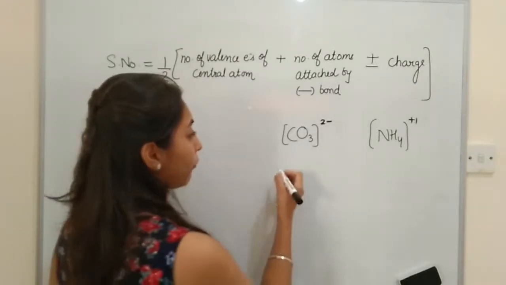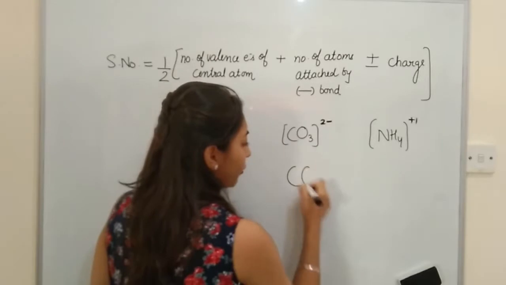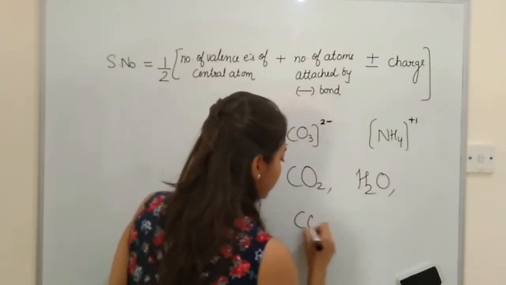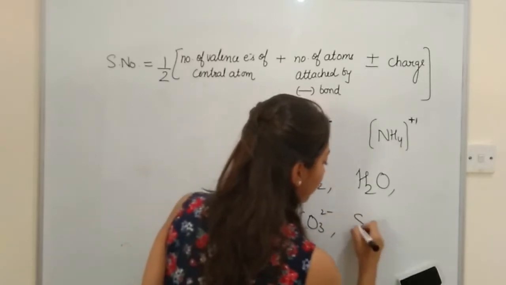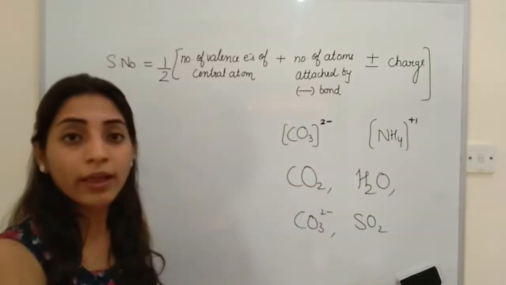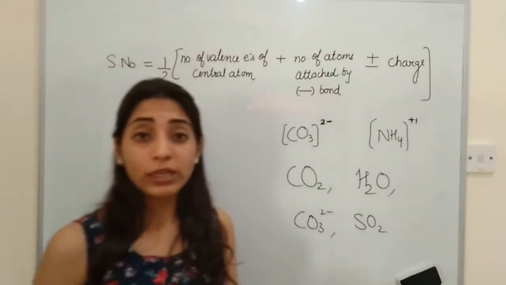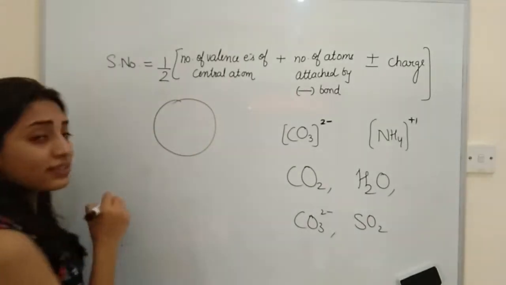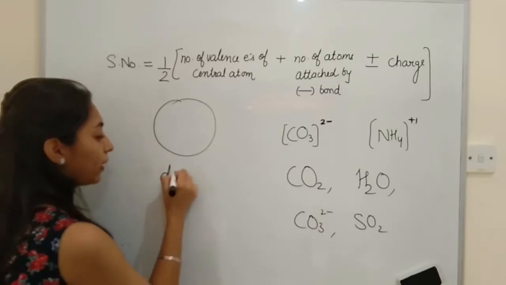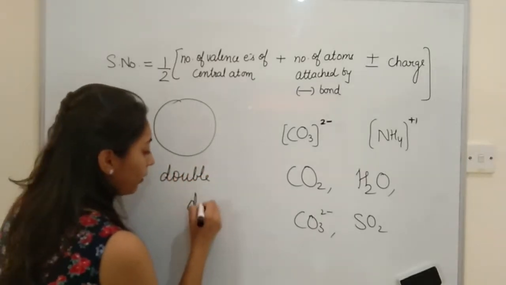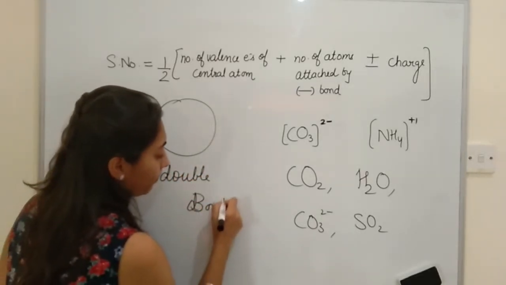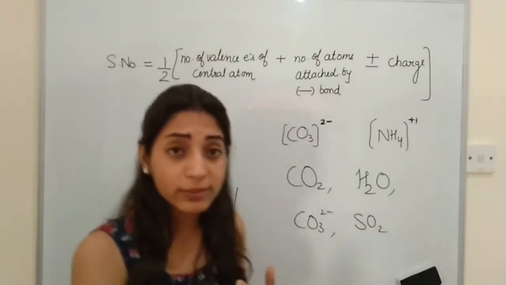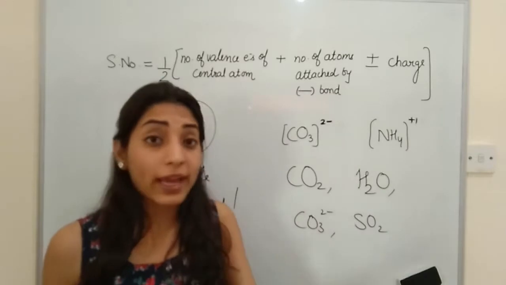Rule number 2 you have to remember: let's say we are talking about CO2, H2O, CO3 2 minus, SO2, and so on. We can be talking about any of the molecules. You always have to assume that if oxygen is there, it will be forming a double bond. Whether it forms a double bond finally or a single bond, I am not talking about what happens finally.